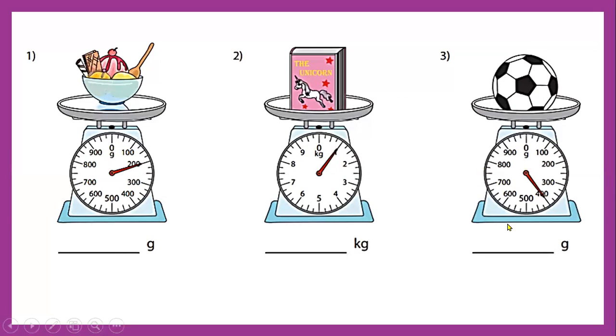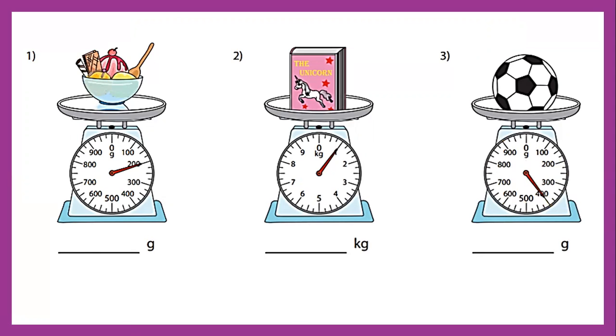Now see the football. Look at this scale, the analog scale. This analog scale is in grams, so you have to measure the football in grams. Now look at the red hand on this analog dial. It's 400 grams. So in this way you can read the scale.